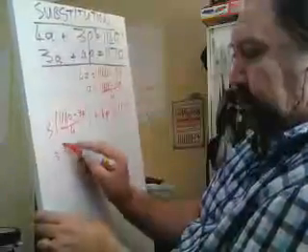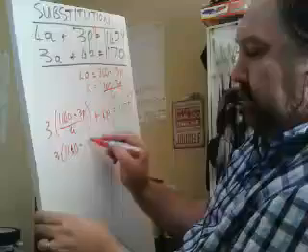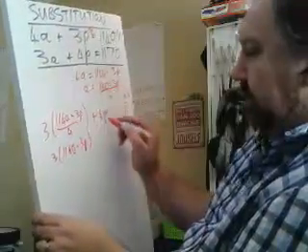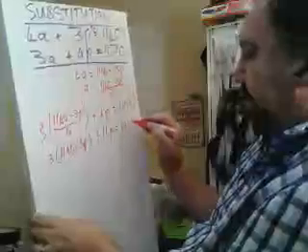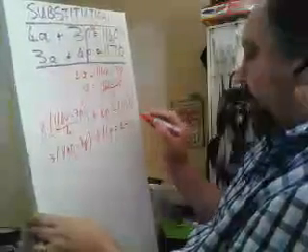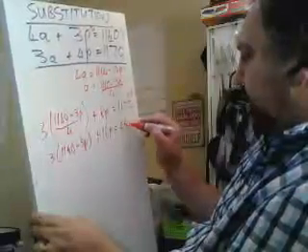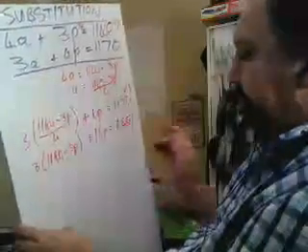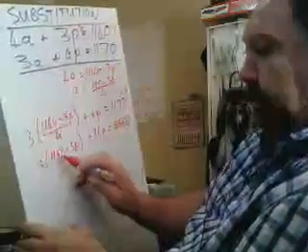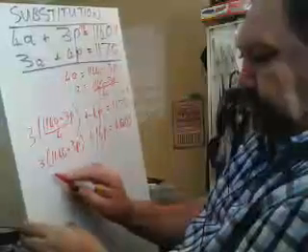So that means 3 times 1140 minus 3p plus 16p equals 4,680.